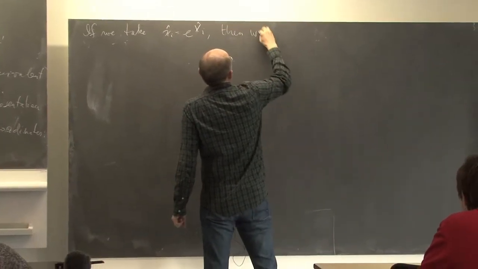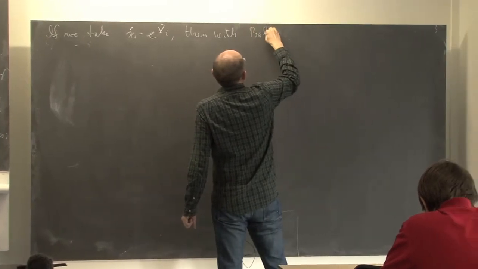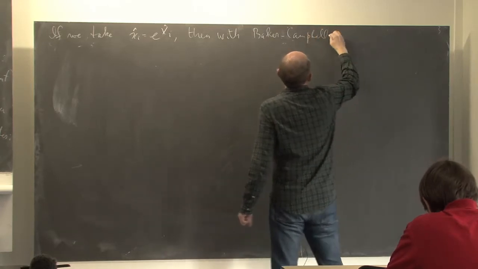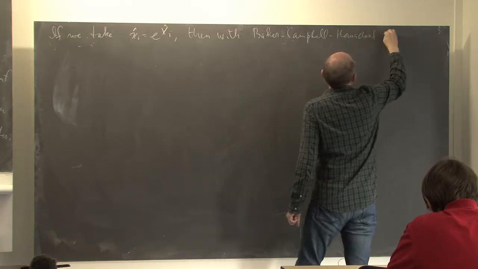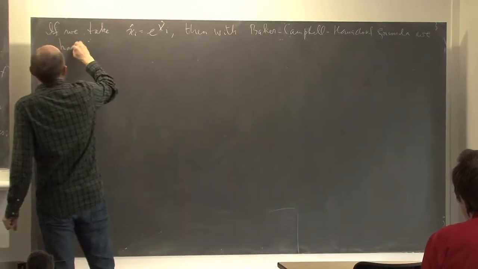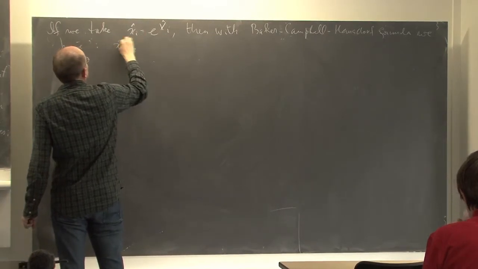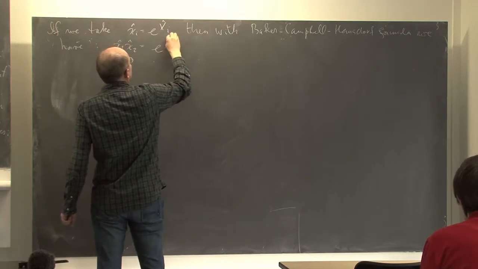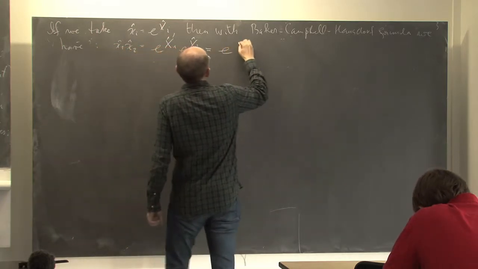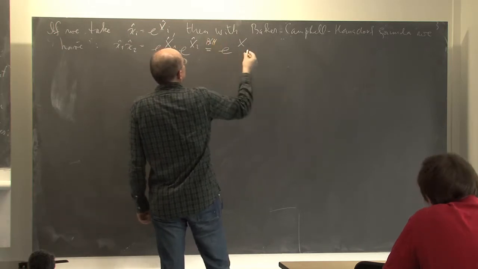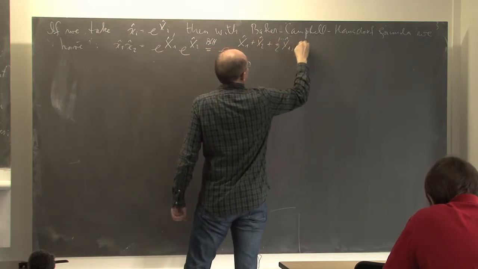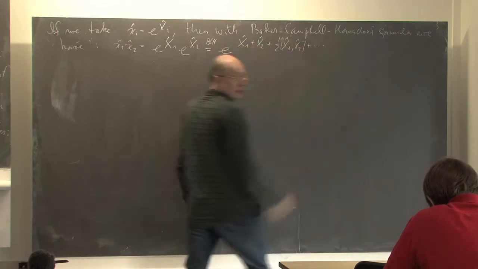So we have x1 hat x2 hat equals e to X1 hat times e to X2 hat, which is e to, by Baker-Campbell-Hausdorff, X1 hat plus X2 hat plus 1/2 [X1 hat, X2 hat] plus so on.